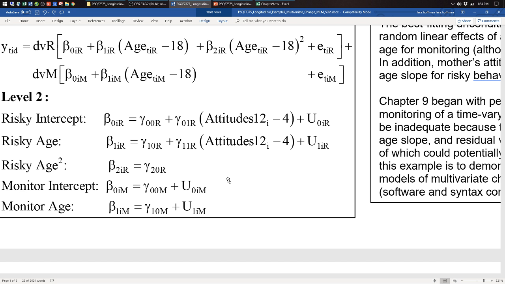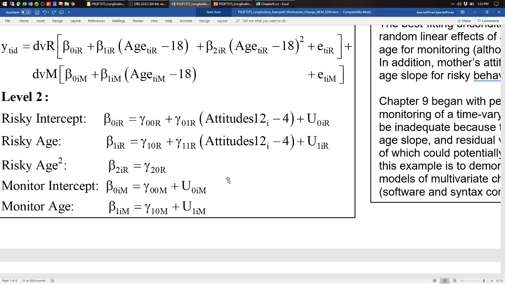And so this is the fixed slope for monitor. This is the fixed slope. So this thing right here for risky, that is the intercept that it's talking about because it's the first term. And it's called an intercept because there's something that comes after it. So this is the intercept specifically for parents who have attitudes of 4.